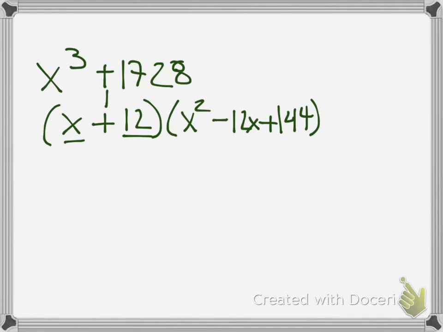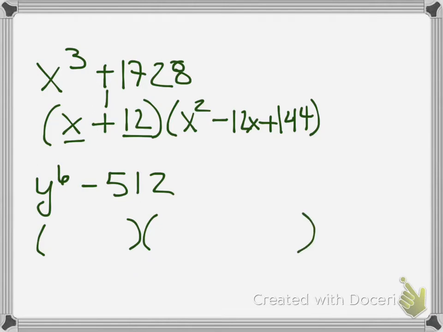Even if I did something kind of crazy, like y to the 6 minus 512, I'll do this one. If you want to take the cube root of something with an exponent, divide it by that root. So we want to take the cube root, so divide 6 by 3, you get y squared.